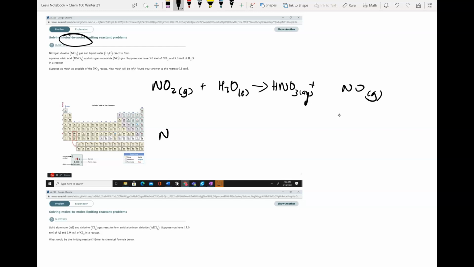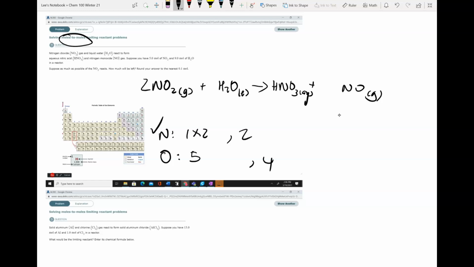I'm going to begin with nitrogen, and you can see you've got one nitrogen on the left, but you've got two on the right. So I'm going to put a 2 there, and at least preliminarily, those balance. Now I'm going to move on to oxygen, and you can see I've got 2 times 2, that's 4, plus another one, I've got 5 on the left, and then I've got 3 plus 1 gives me 4 on the right. So how am I going to get this all to work out?